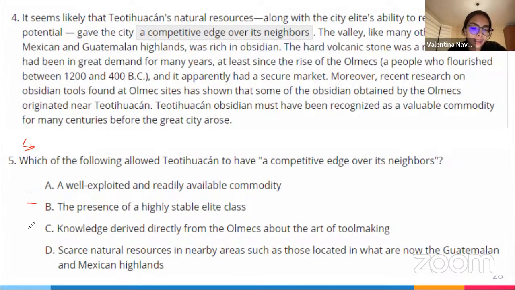A, oil, an exploited and readily available commodity. B, the presence of a highly stable elite class. C, knowledge acquired directly from the Olmecs about the art of tool making, and D, scarce natural resources in nearby areas such as those located in what are now the Guatemalan and Mexican highlands.